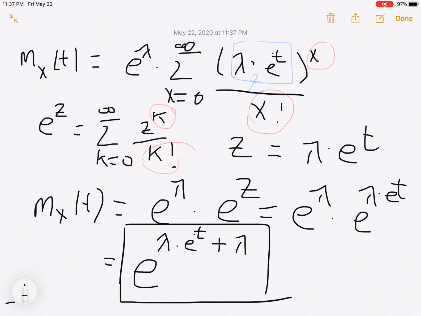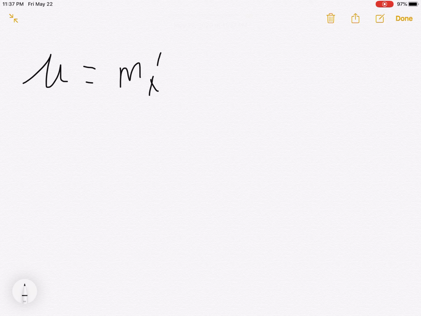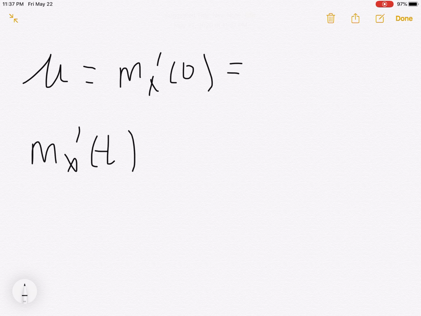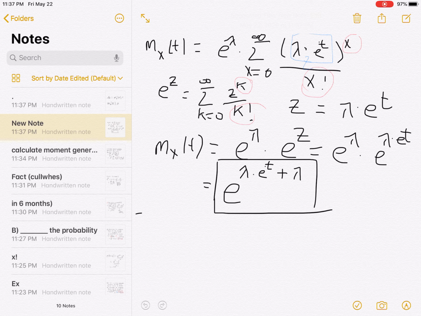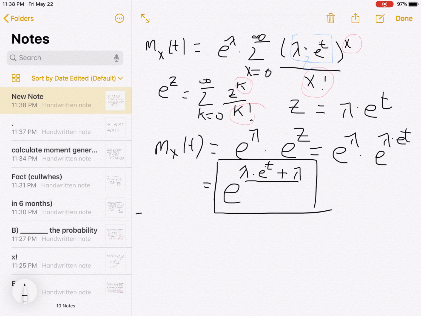Okay, now if I want to calculate the mean value, I'm just going to take the derivative and evaluate at 0. So mu is going to be mx prime evaluated at 0. Let's calculate mx prime of t. So I need to differentiate that thing. That means using the chain rule. So this will be the derivative of the inside. The derivative of lambda is a constant, so it's 0, but the derivative of lambda e to the t is just lambda e to the t.